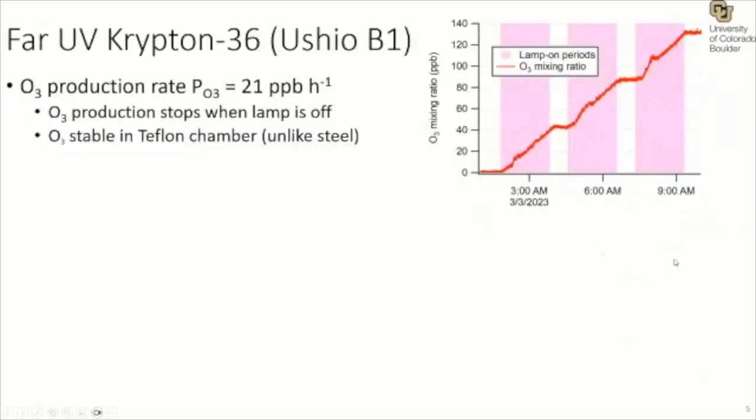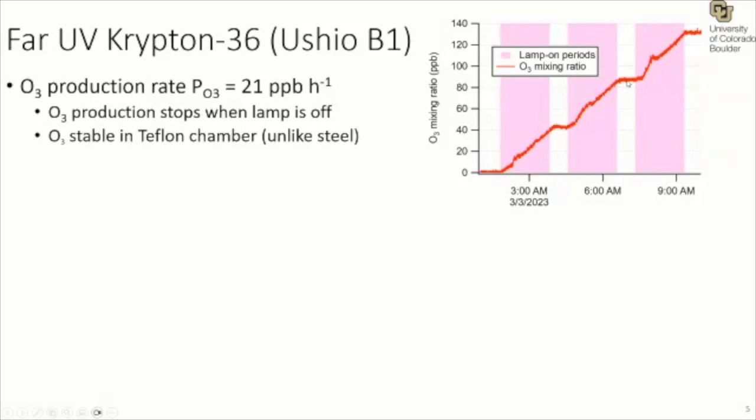Then I'll show some of our chamber experiment results for a Far-UV Krypton 36 device, which uses Wuxio B1. We measured its ozone production rate of 21 ppb. During the experiment, we clearly saw ozone production stop when the lamp was off. Ozone was stable during the lamp off periods.